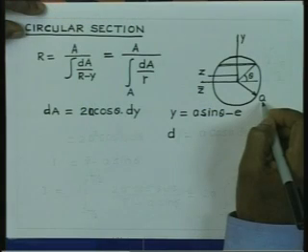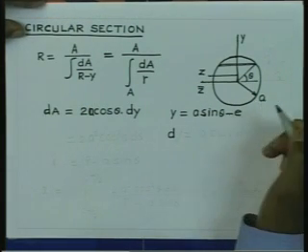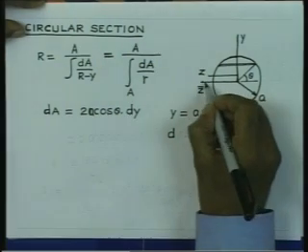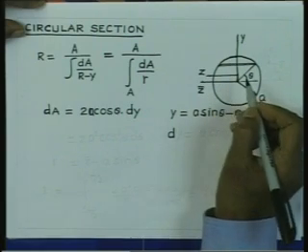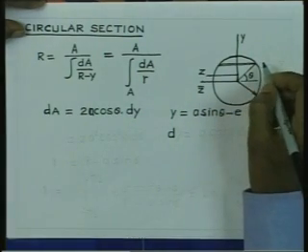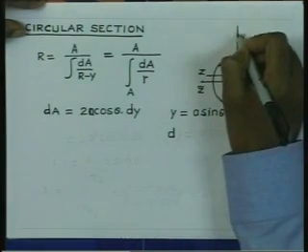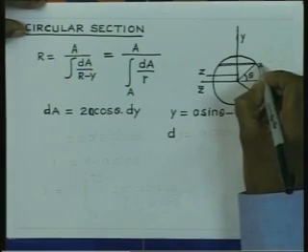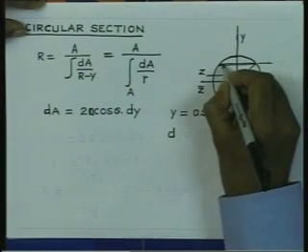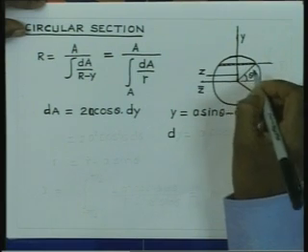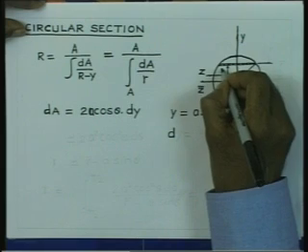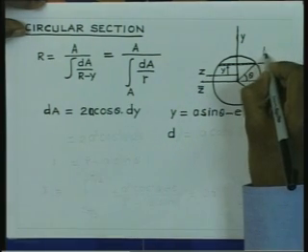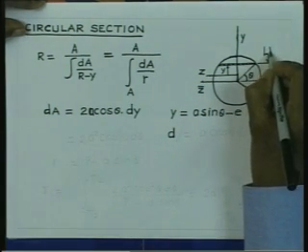Let the section be a solid circular section of radius a, and the CG is of course at the center, and the neutral axis is passing through the point here, and the center of curvature is located somewhere this side. Let us now consider a fiber here which is at a distance y, let us say. The radius of this fiber is equal to r.